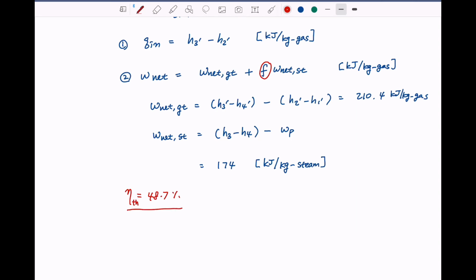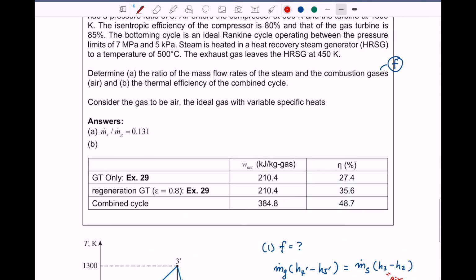So now let's compare 3 different cases. So in the example 29, we calculate the same gas turbine to calculate its net work and the efficiency. And we also calculated the regeneration gas turbine by assuming that if we have regeneration on the same gas turbine, then how much work and efficiency would be improved.